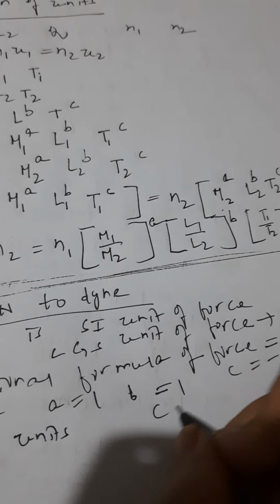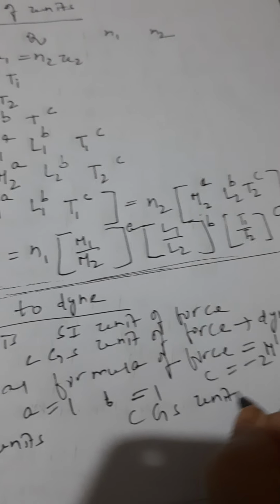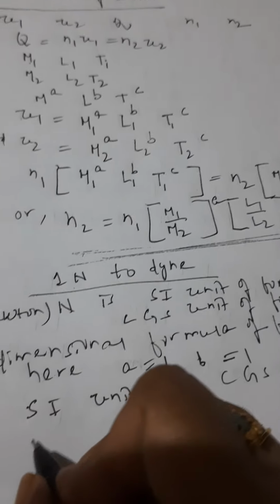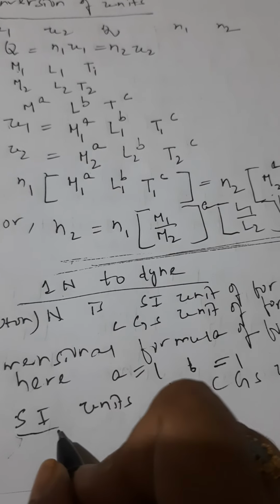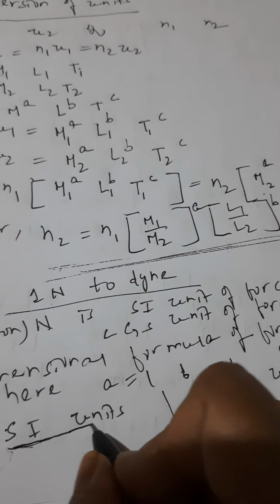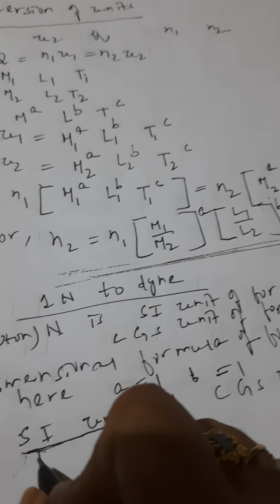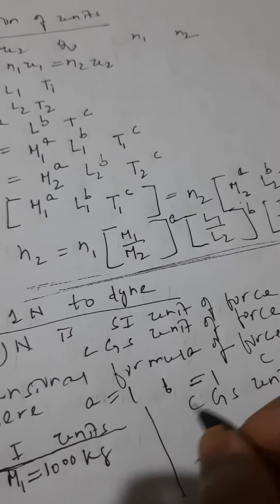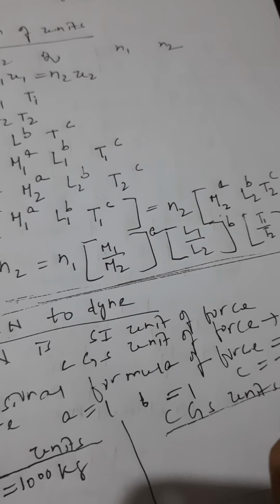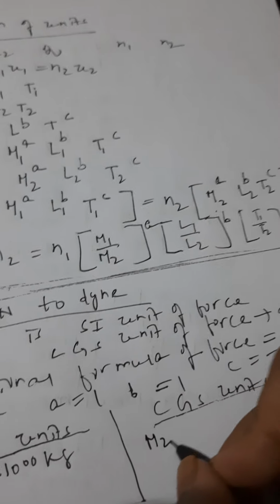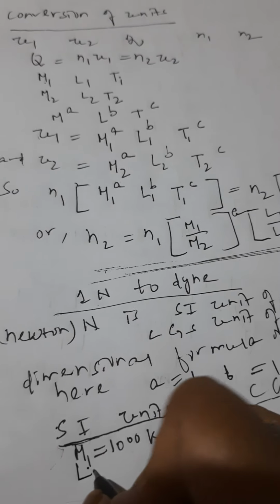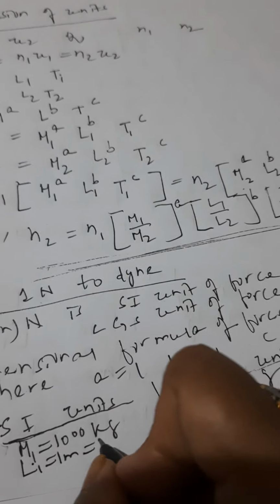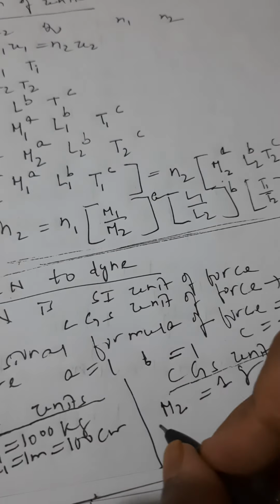Then on one side write SI units, on the other side CGS. In SI system, M1 is equal to 1000 kg. Corresponding to this, in CGS unit, M2 is equal to 1 gram. L1 is equal to 1 meter, which is equal to 100 centimeter.